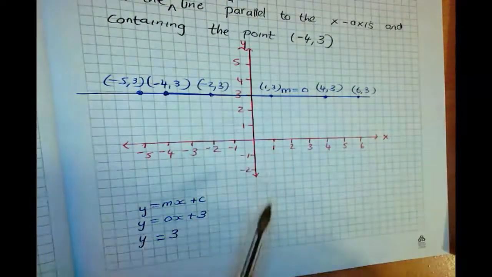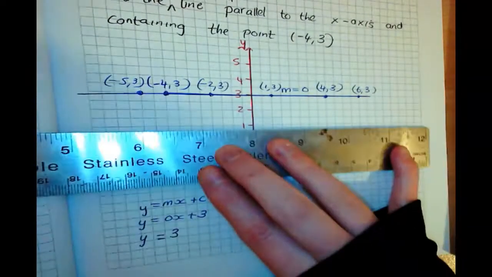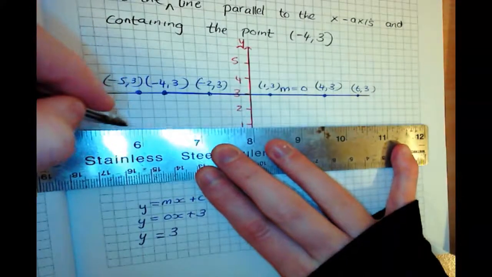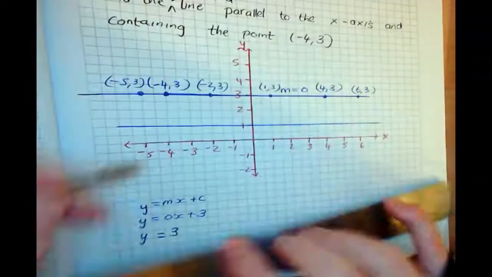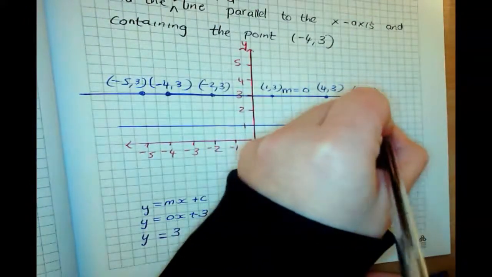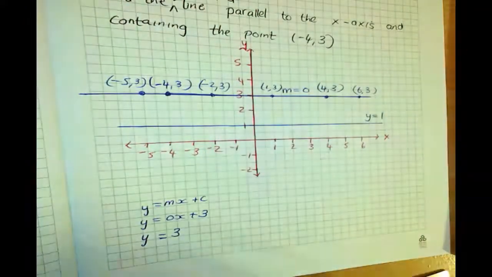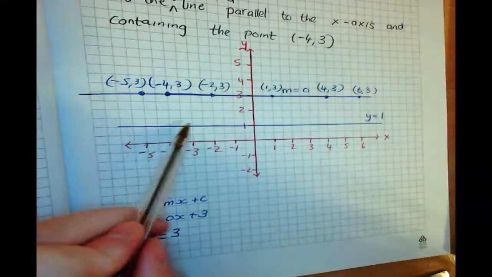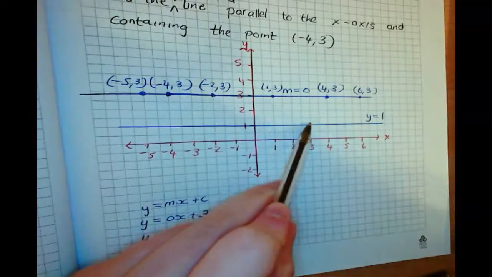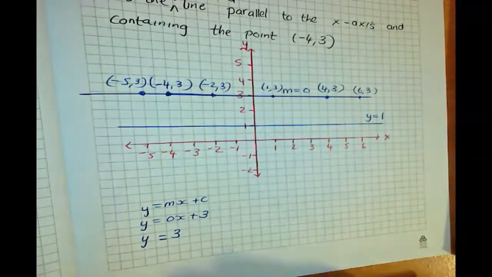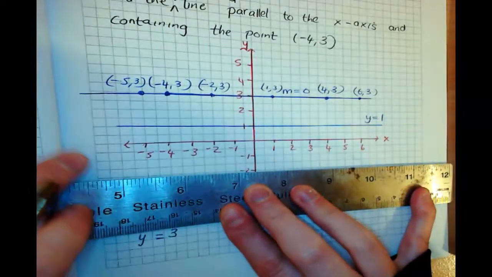So it's the same if we're talking about this line here. Okay, y is equal to 1. Because like that, no matter where we look at any point along that line, y is going to be 1. Okay, same then if we look at a minus value.